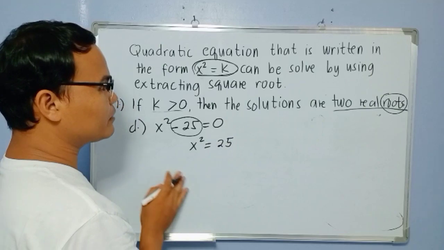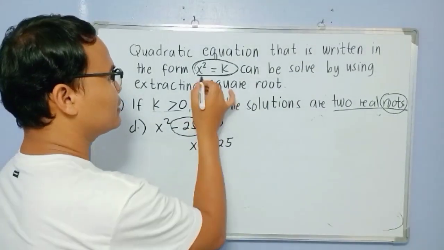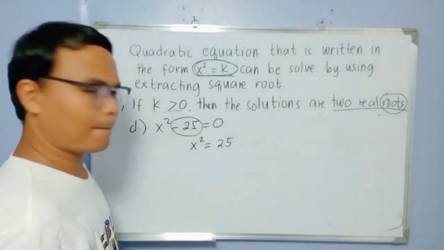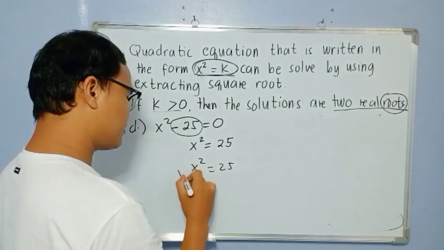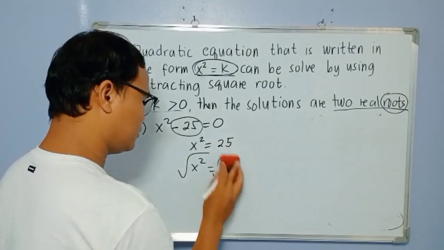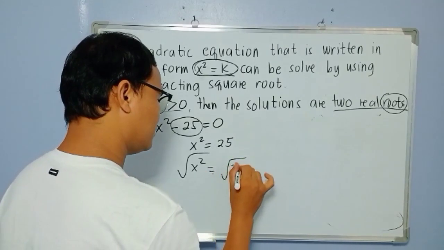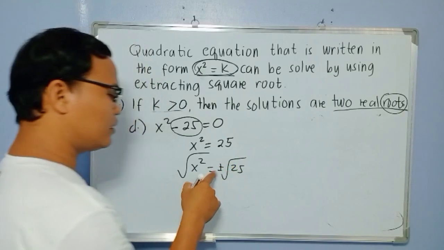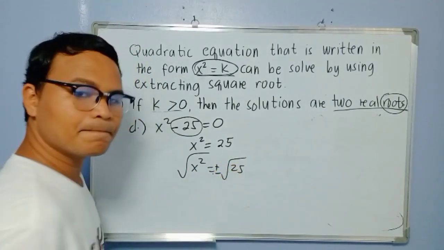So, pwede na natin i-apply yung extracting square root. Kasi, ganito na po yung form niya. So, extract square root of both sides. Don't forget to write the positive negative beside the square root symbol.